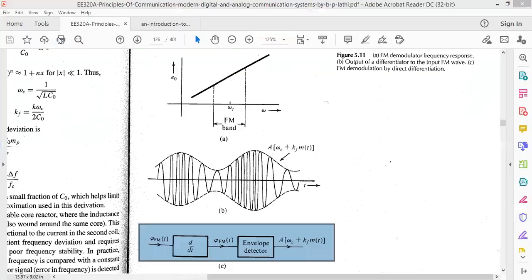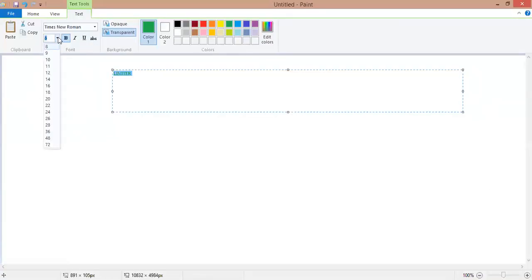Most importantly, that is known as a hard limiter. You need to use a hard limiter, and next to that your differentiator.